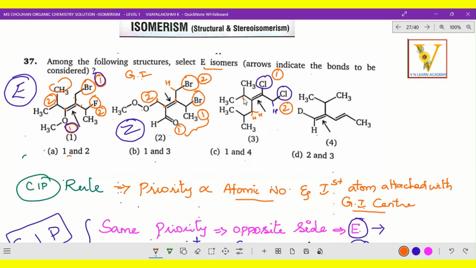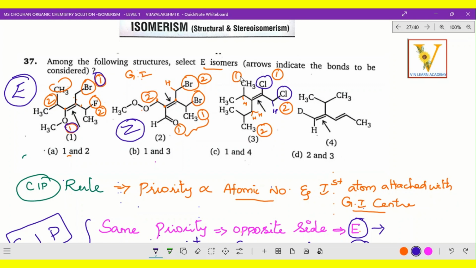Now you see here only one hydrogen, here two hydrogens are there. So whom will you give the priority? Of course, 100% the carbon which is attached with only one hydrogen. So this you will give priority 1. Whereas this is carbon CH2, here CH3. Here it is directly attached to CH3. So here two hydrogens, then only CH3. So here it is second priority.